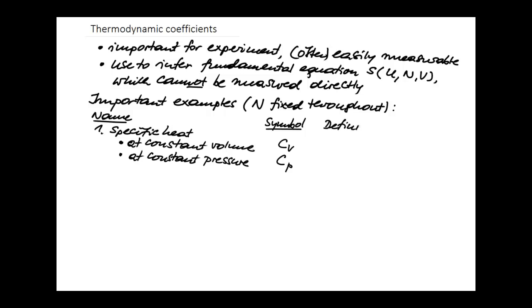And they are defined in the following way. Specific heat at constant volume, you divide by the number of particles, and then, as you looked at on one of the problem sheets, the proper definition is the amount of heat supplied, so that's T dS, over the change of temperature to which this corresponds.